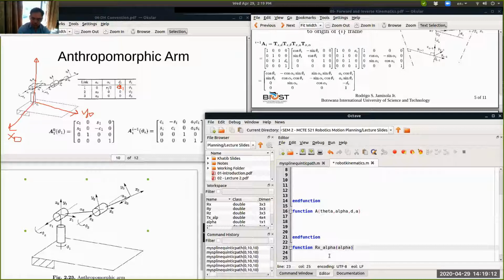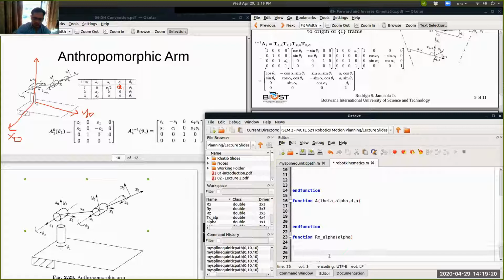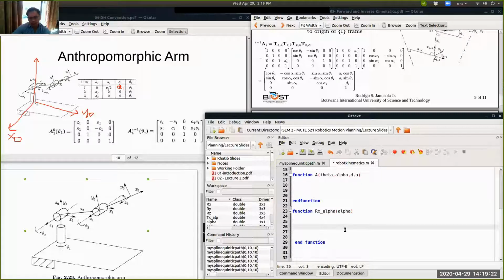Then end function. And so we return Rx alpha. This is the basic rotation about X by alpha.